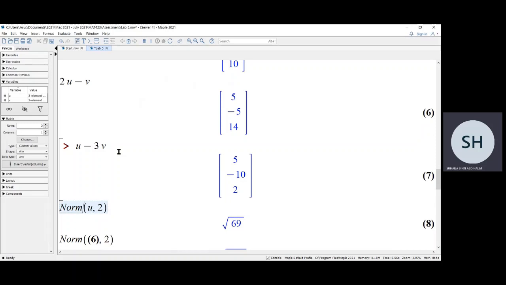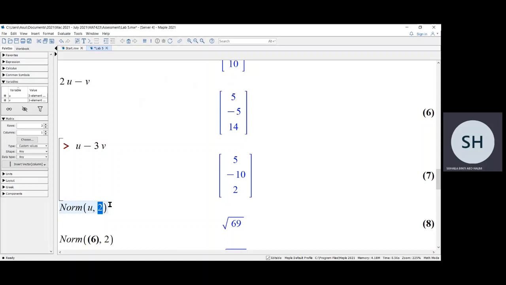Next, we want to find the magnitude of the vectors. We are using Norm2, this one, where the 2 represents norm 2. We use norm 2 because it is a measure to find the length. If you refer back to our textbook, when we want to find the magnitude, we find the square root of the square of the first component plus the square of the second component, and so on.